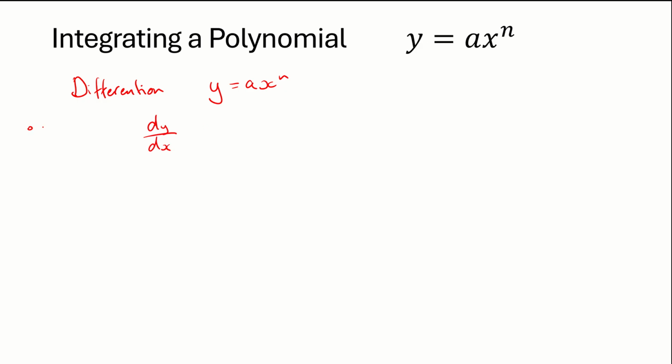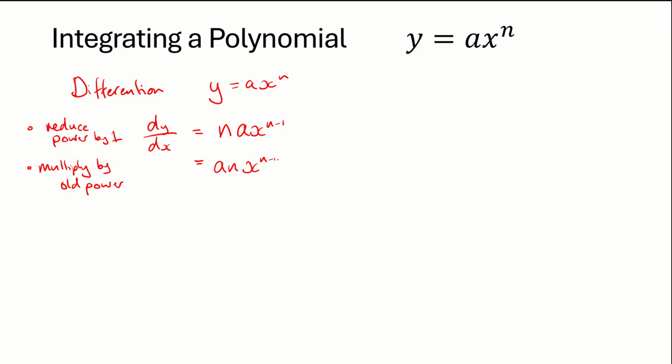We had two steps. We reduced the power by 1, and then we multiplied by the old power. So the power would have gone down to ax to the n minus 1, and then we multiply by the old power n.